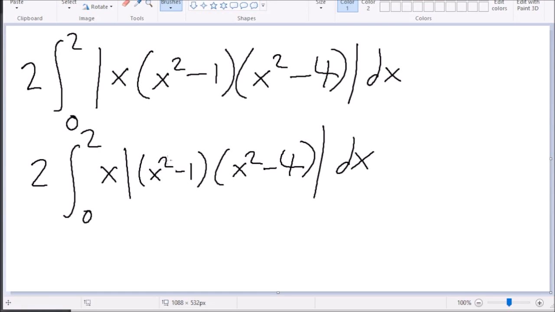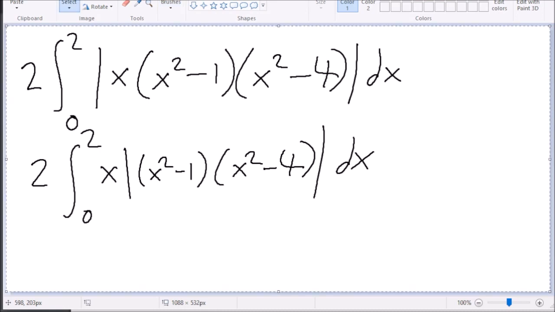This is negative. If I plug in something like 3 halves, this is positive, but then this is negative. So what's going on is we literally have to split this into cases. I like avoiding that, but unfortunately, we're going to have to split this in cases.